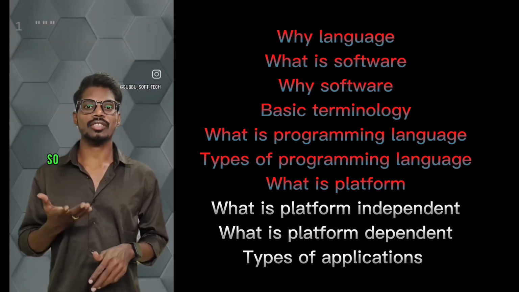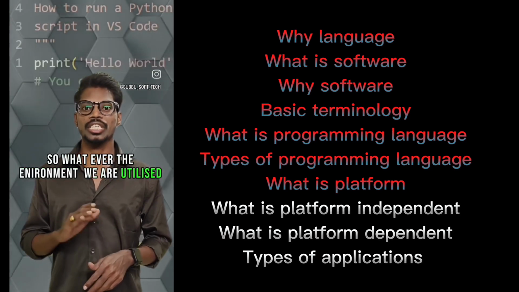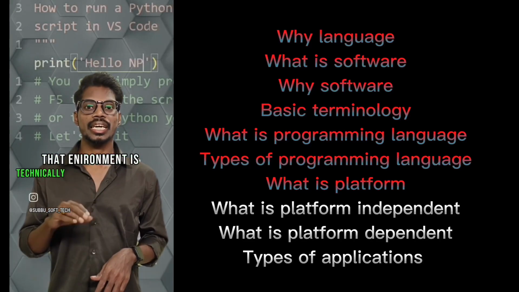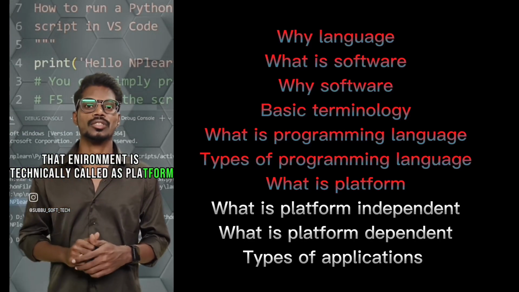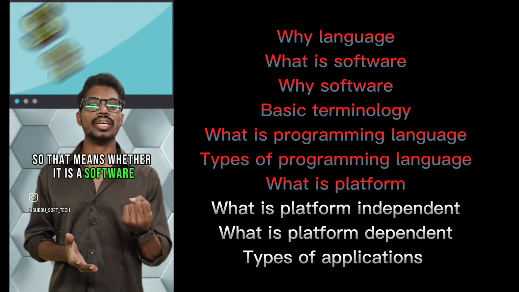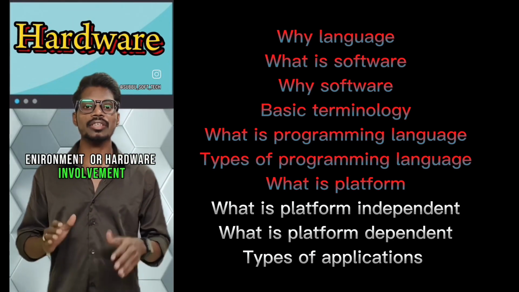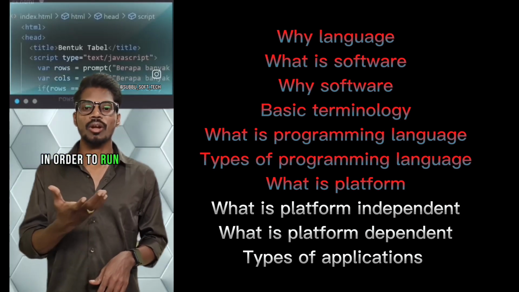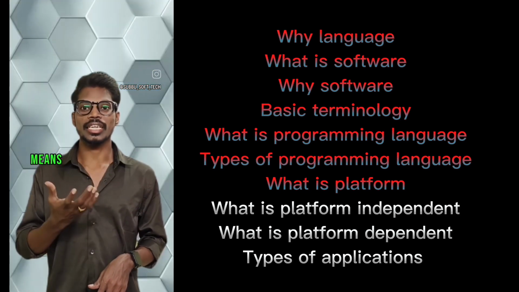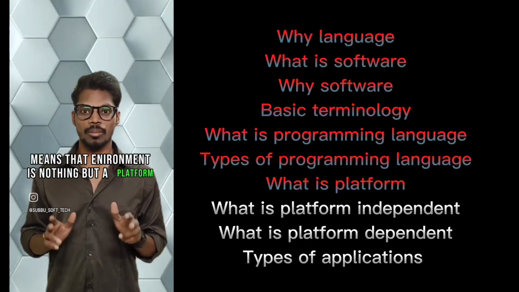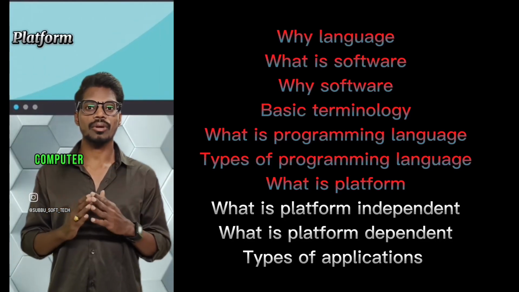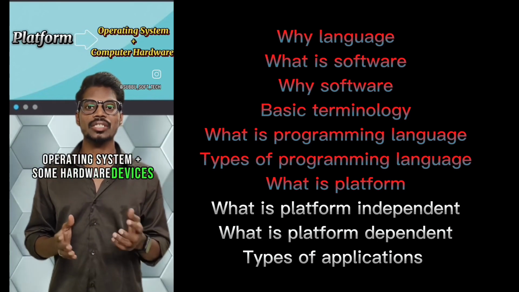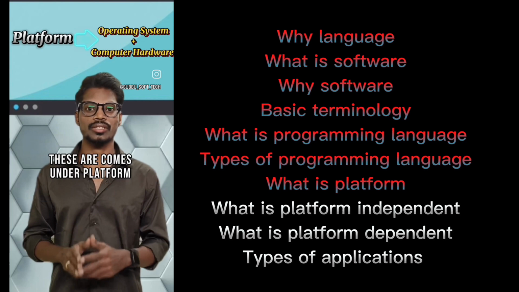The environment we are utilizing in order to run one particular application is technically called a platform. Whether it is a software environment or hardware environment, any environment we utilize to run an application is nothing but a platform. When it comes to a computer, platform is technically called operating system plus some hardware devices. These come under the platform.